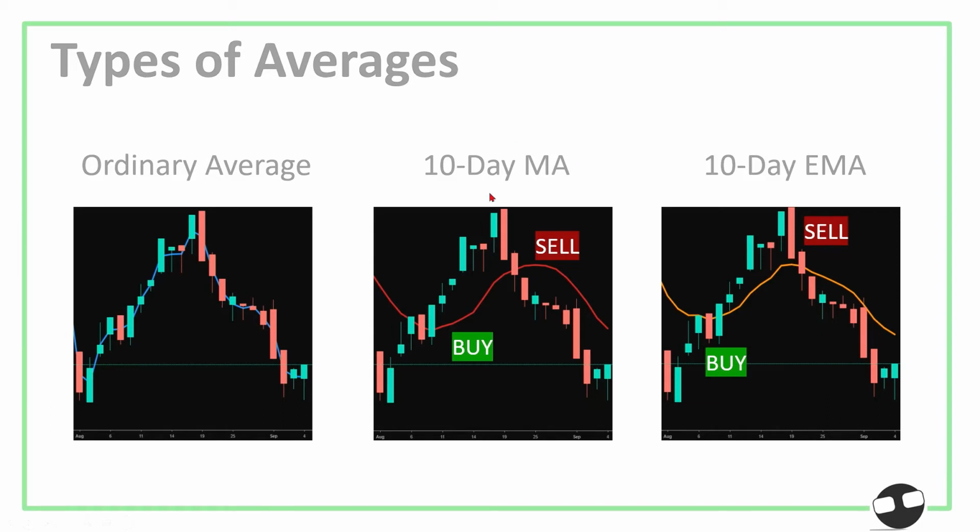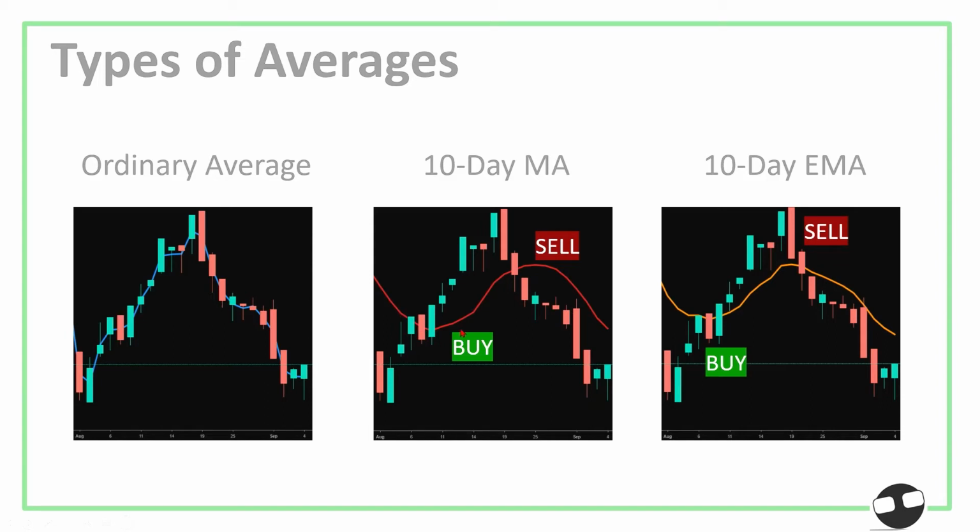Now, unlike the moving average, the peak of the trend was actually captured in this portion here. And going back here to the 10-day EMA, you can see that it captures the immediate downtrend on the second half.